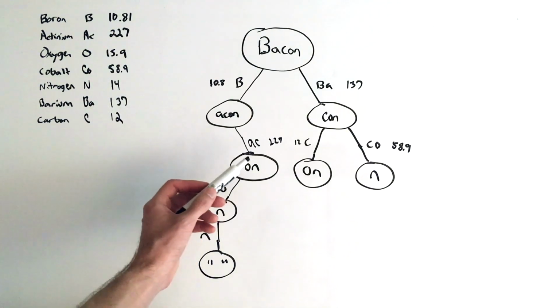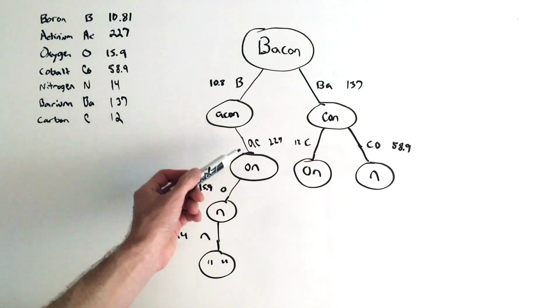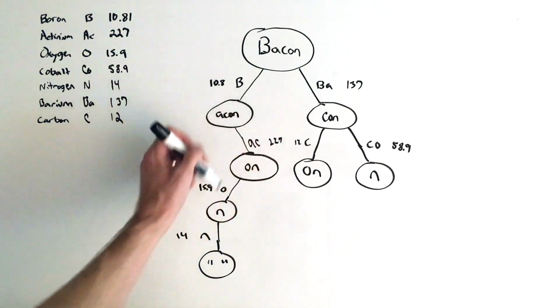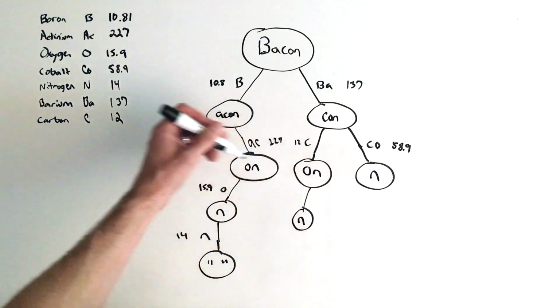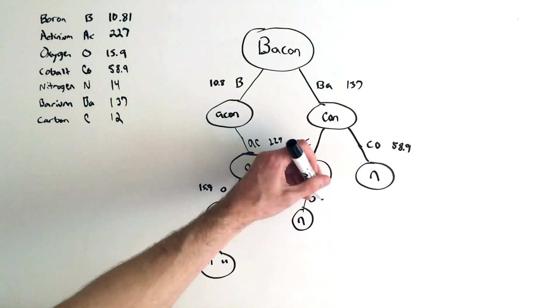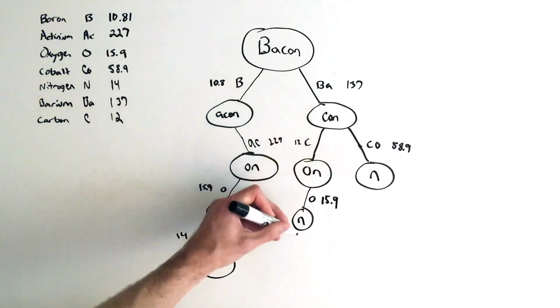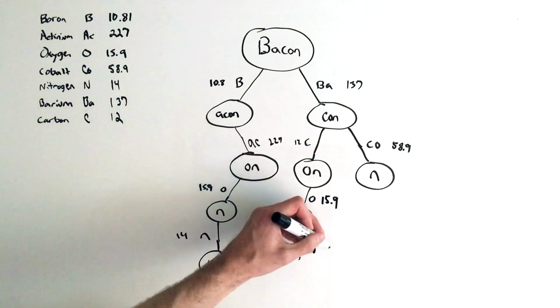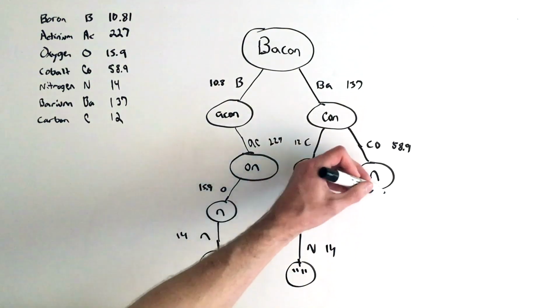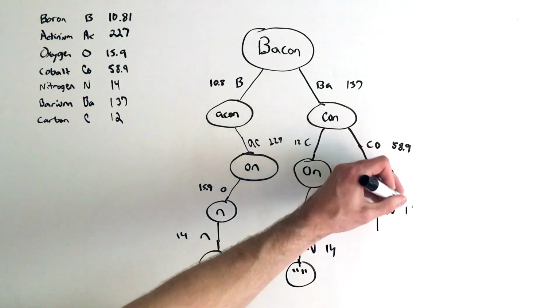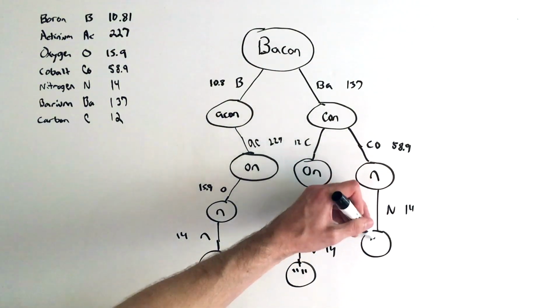There's no particular way to remove O and N together because there's no element called ON. So we have the same thing over here. We can remove the O, and then we can remove the N here. And lastly, we could just remove the N here, atomic weight of 14, and we're left with the empty string.